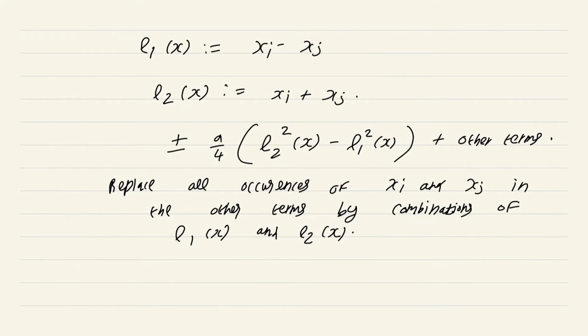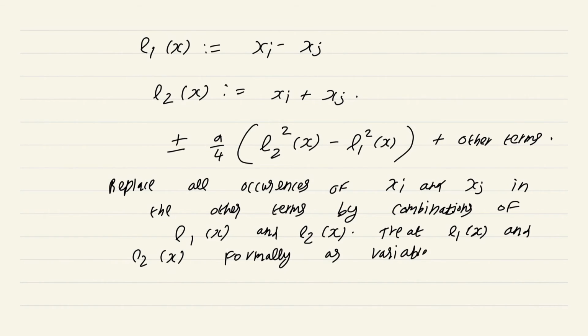For instance, xi is just L1 plus L2 by 2, and you can think of a similar expression for xj. Now treat L1 of x and L2 of x formally as variables u and v.